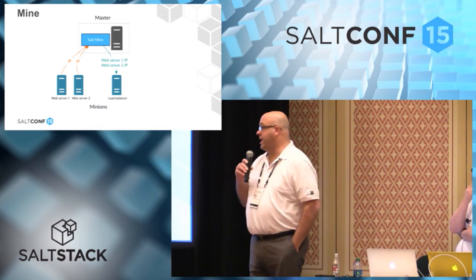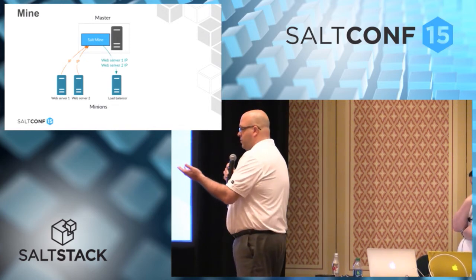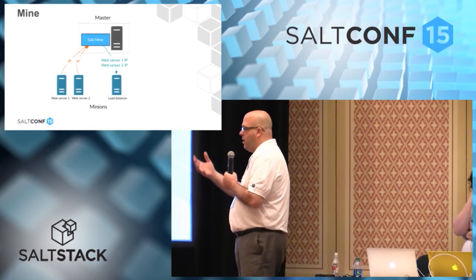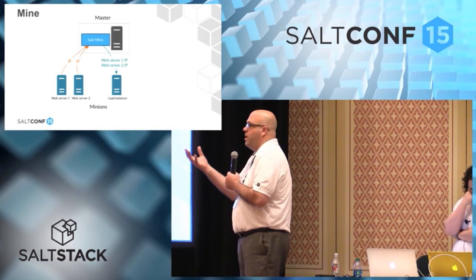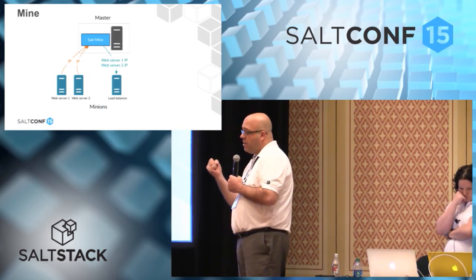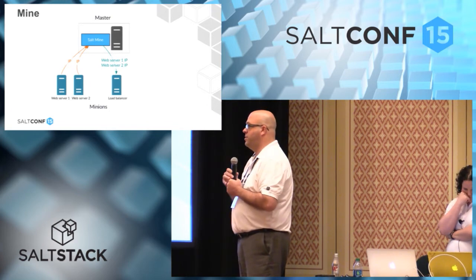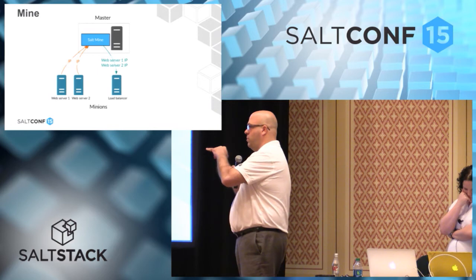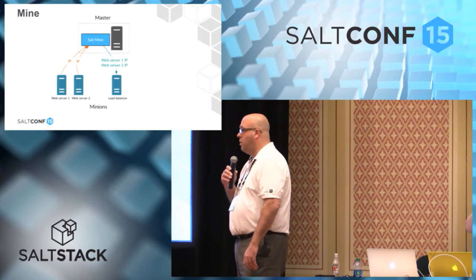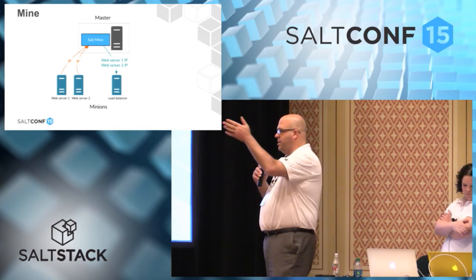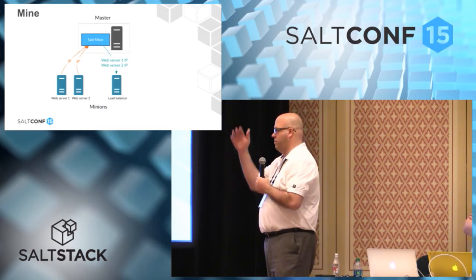In my case, it's the IP address. It could be any kind of grain data; there's probably other data that can be stored there. In my use case, I'm gathering the IP address grain data and putting that in the mine so that my load balancer can configure itself. It's asking for those particular sets of data.